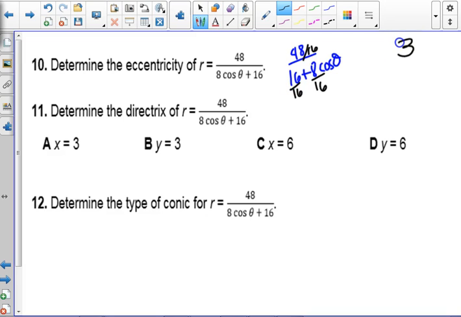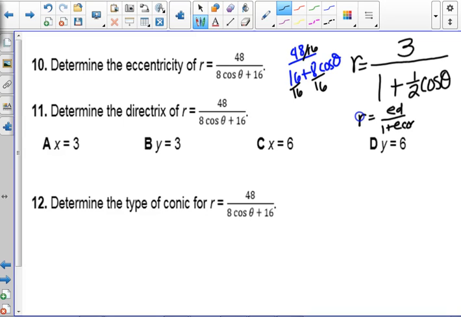So we get 3 over 1 plus 1/2 cosine theta, which I know we just spent a lot of time getting rid of the fraction down there, but this is the form that will tell us E. So this is equal to r equals ed over 1 plus e cosine theta. So the first question just asks, what's E? 1/2. Everybody good? The second question says, what is the directrix?